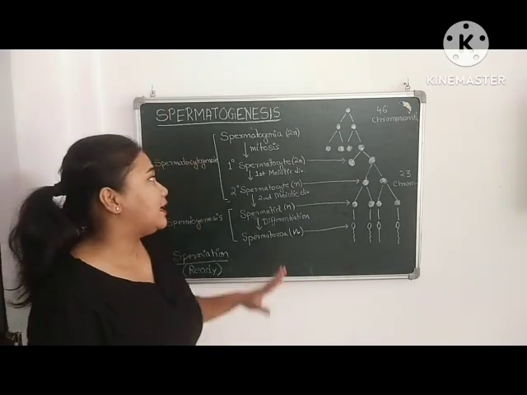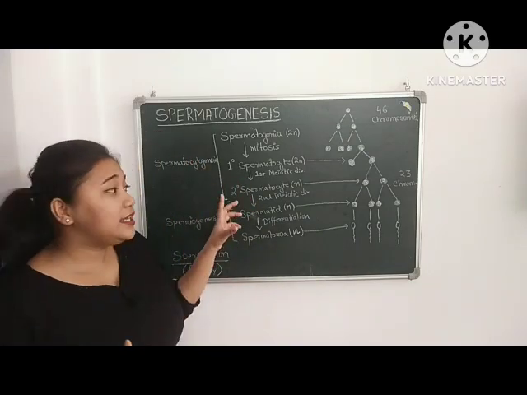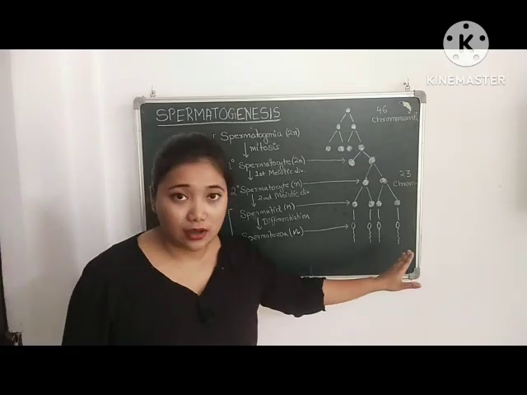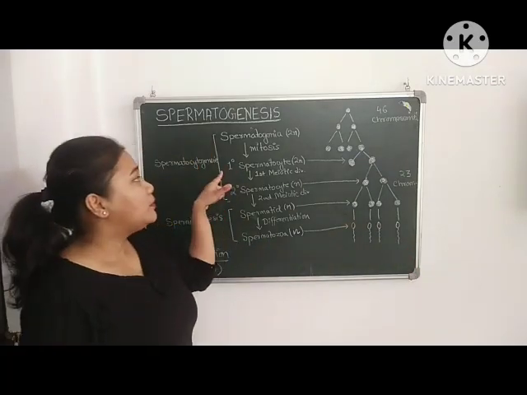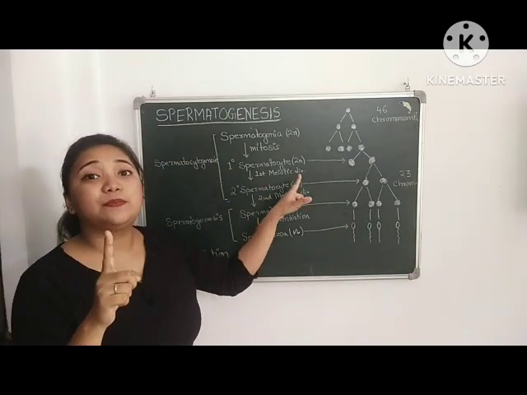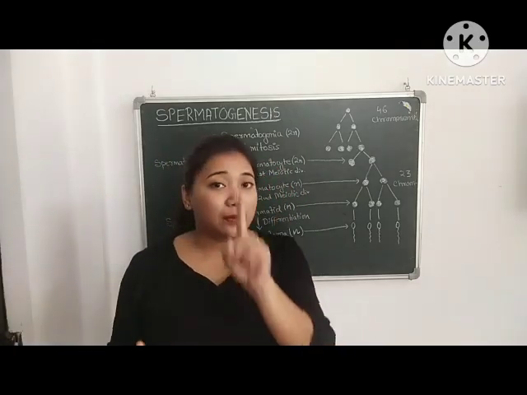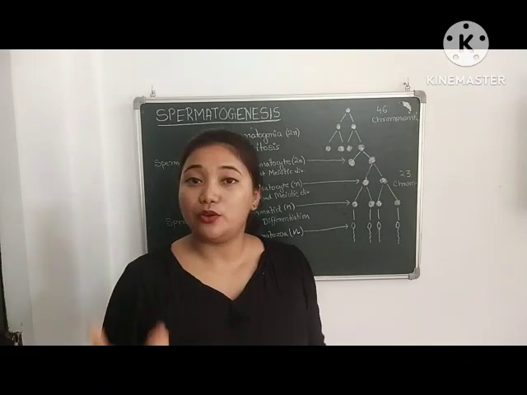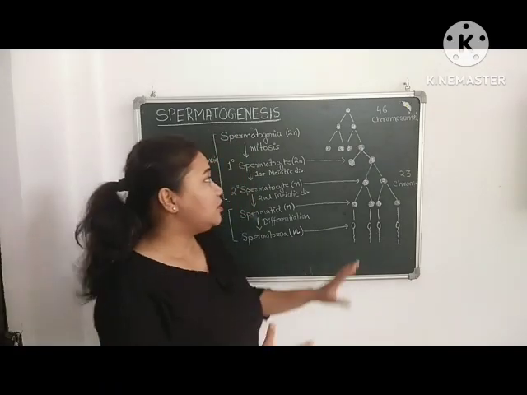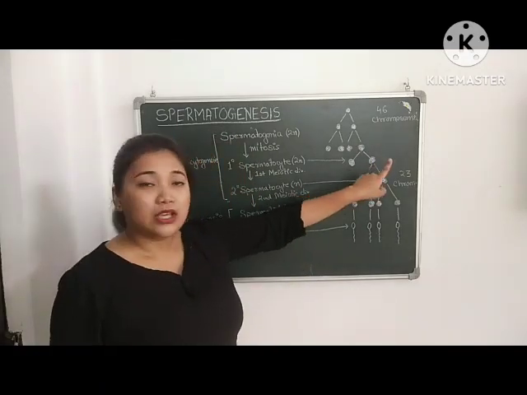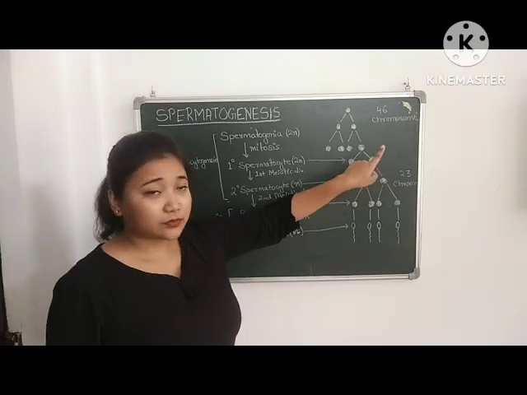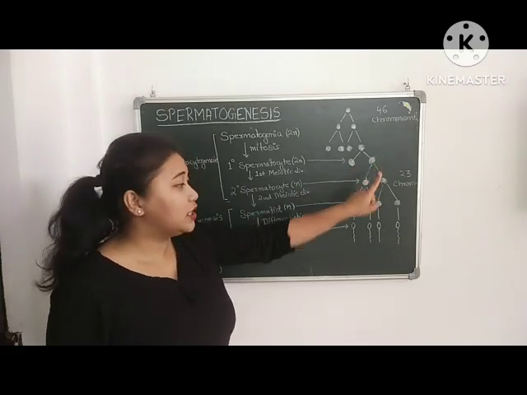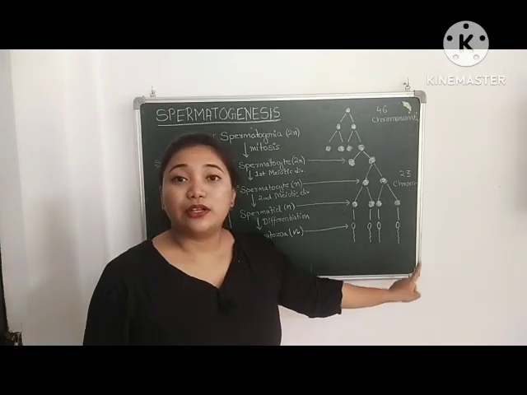Next thing that they can ask is how many spermatozoa are formed from one primary spermatocyte. So if we have one primary spermatocyte, then how many spermatozoa can we get? So here you see we considered one. From one primary spermatocyte we get 4 spermatozoa.